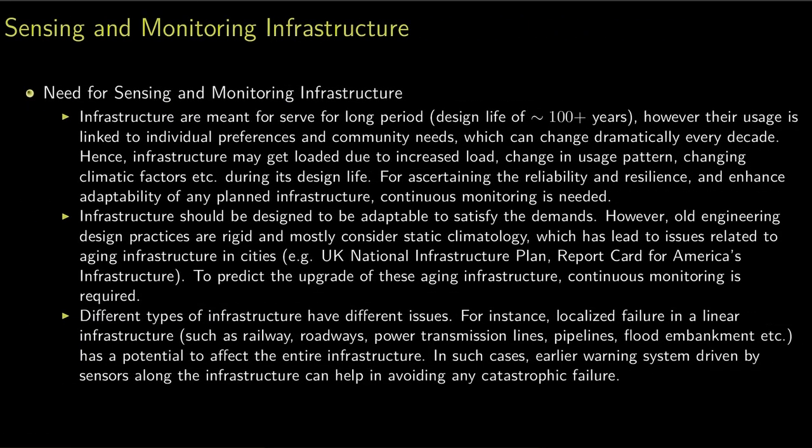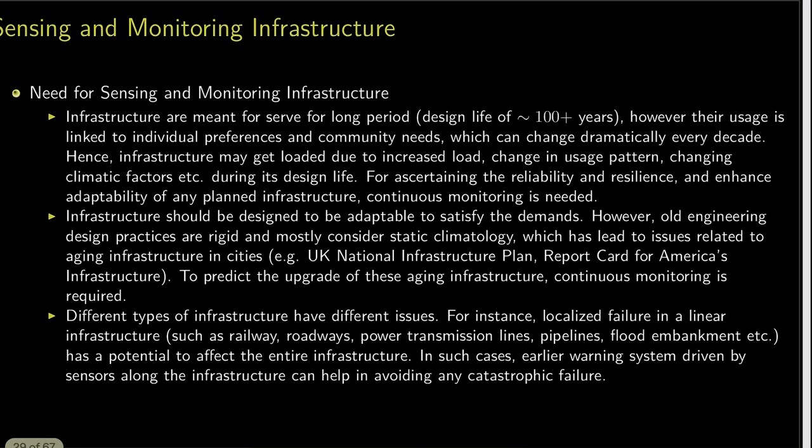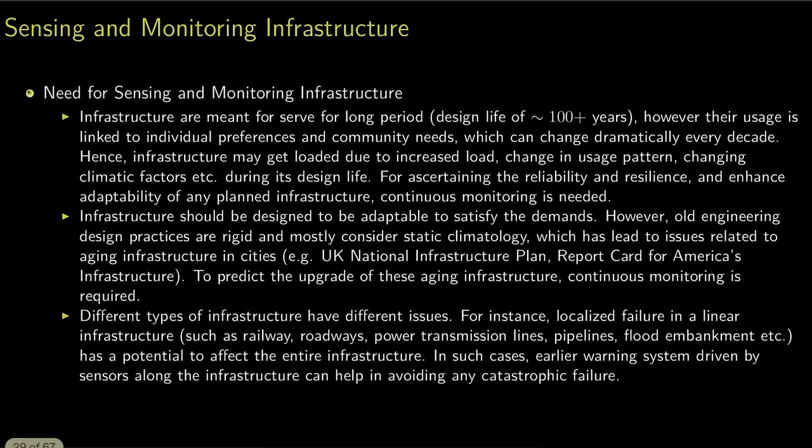Need for sensing and monitoring infrastructure. So what is the need for monitoring and sensing? Infrastructure is meant to serve for long period, like design life of them could be 100 plus years, you know. However, the usage is linked to individual preferences and community needs, which can change dramatically even every decade.